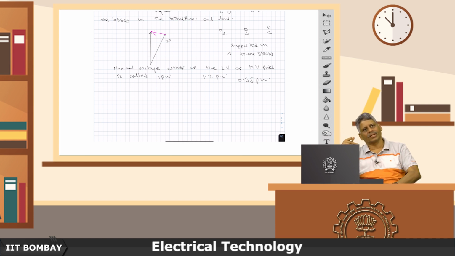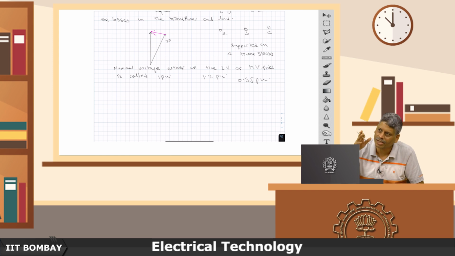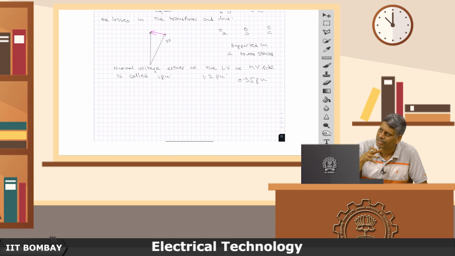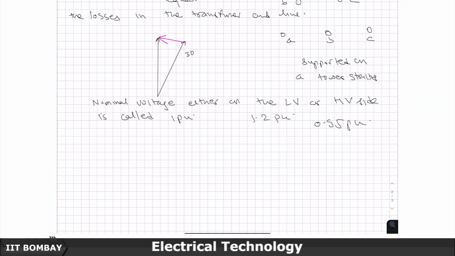So, the discussion does not directly involve talking about this being 3.3 kV, this 400 kV, this 220 kV. We do not have to directly get into that kind of discussion.